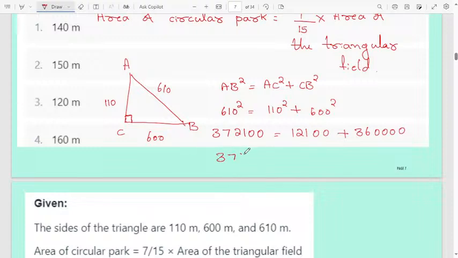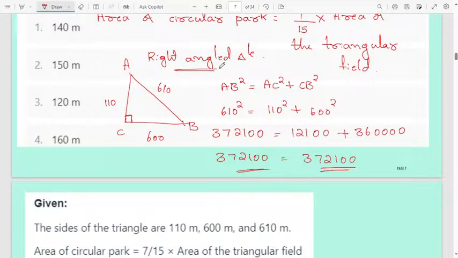Add, and you will get both sides, LHS and RHS, the same value. Yes, both sides you got the same value. Then we can consider this is a right angle triangle, because according to the Pythagoras theorem, if AB square equals AC square plus CB square satisfies the condition, then this is a right angle triangle. Now you don't have any confusion.